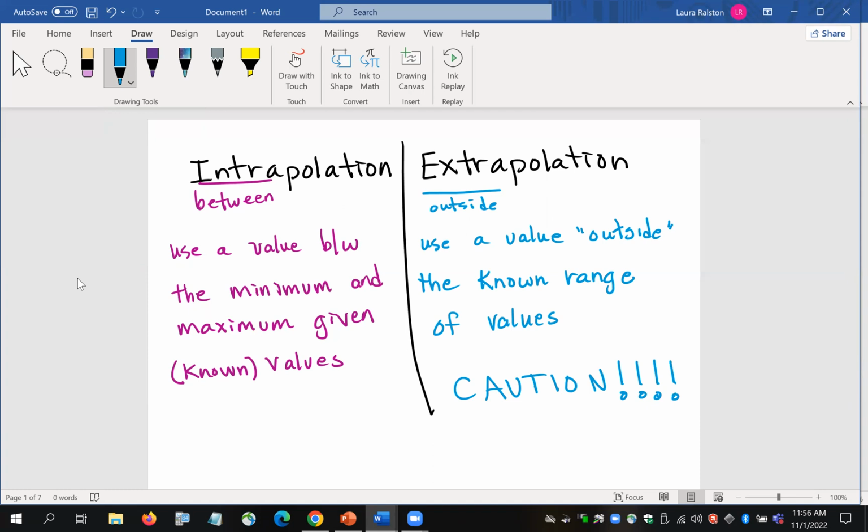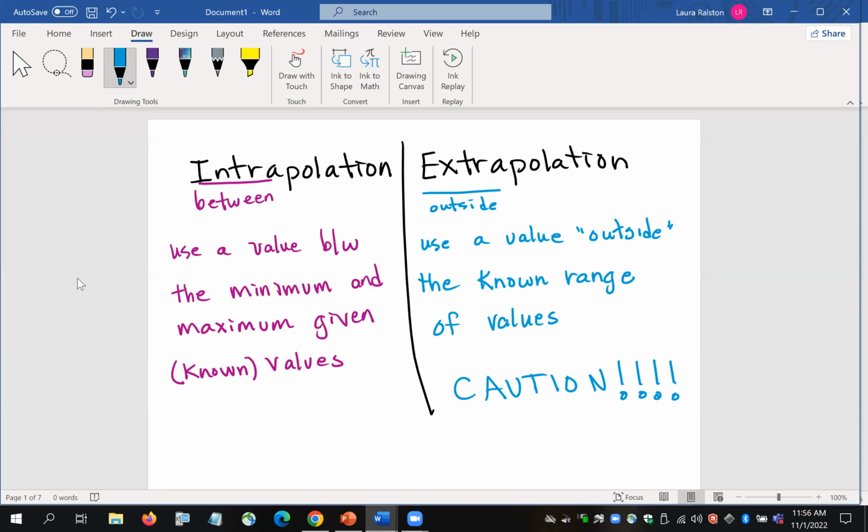because if you go too far beyond that known range of values, your model could break down, meaning the model isn't going to work because you only know about it from point A to point B. If I go very far beyond point B, that model may not work anymore.